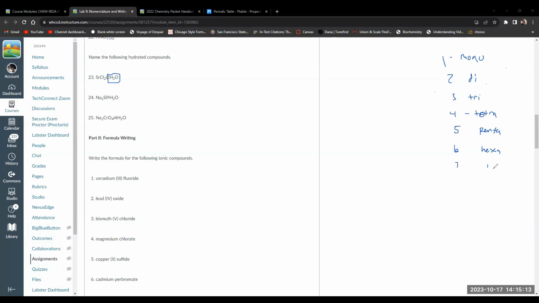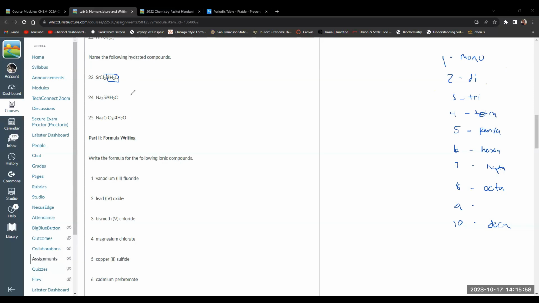However, we are only going to be using prefixes to associate them with the water.